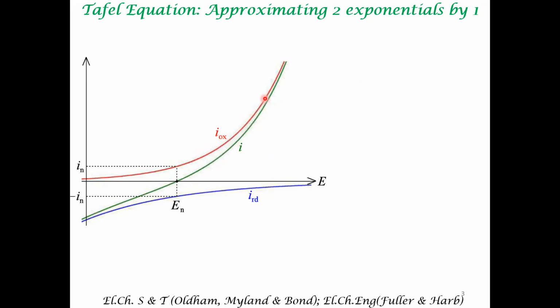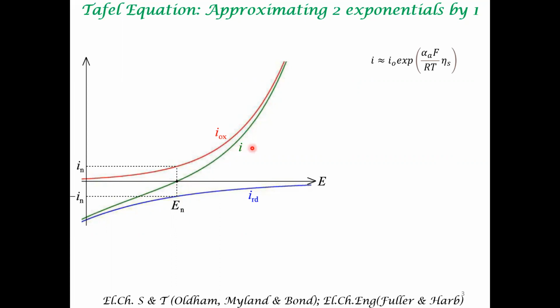So this is a single exponential, this is a single exponential. Therefore, in these two regimes, far away from the null potential, just mathematically, one exponential is good enough for representing the overall current.